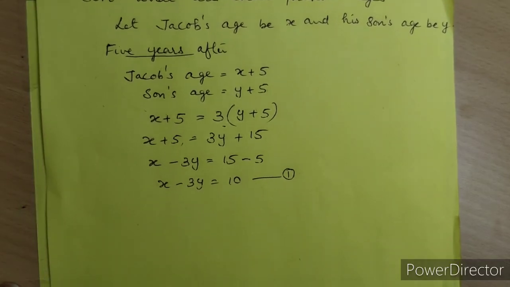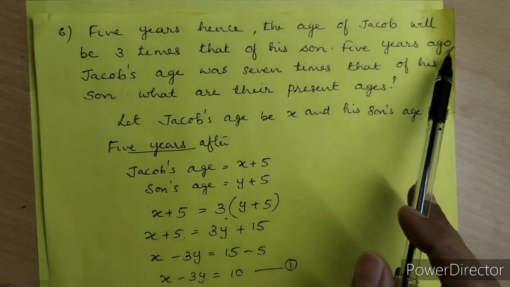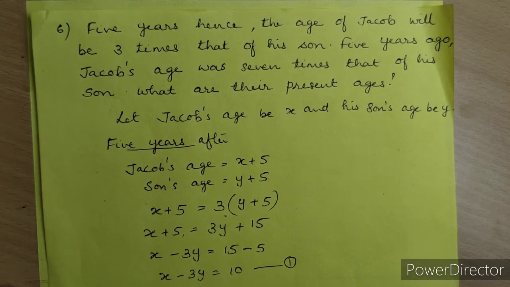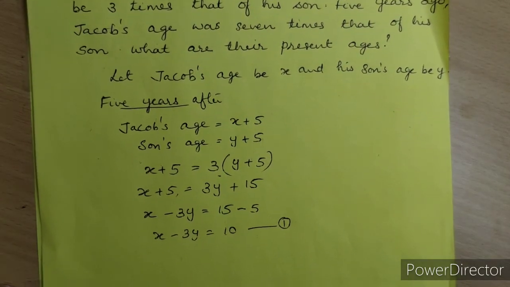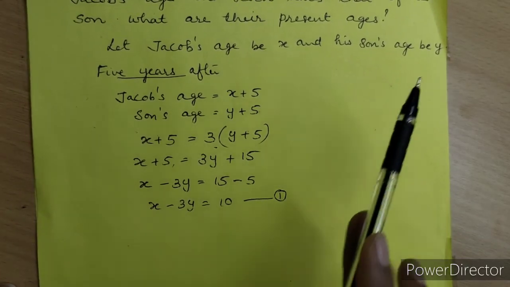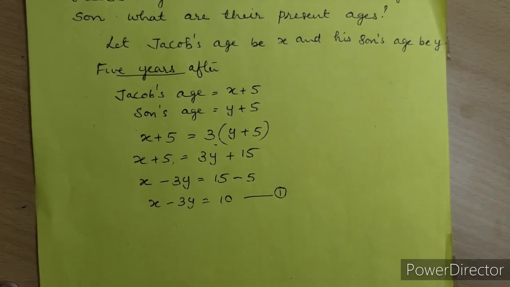Now in a similar way you have to take the second condition, 5 years ago. So 5 years ago, before 5 years, everyone's age will decrease by 5. So here also Jacob's age, if it is x, means before 5 years it will be x minus 5, and son's age will be y minus 5.